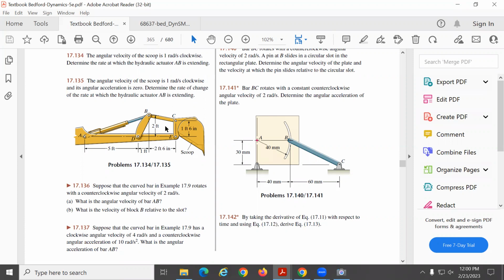So you fully define VC. Now that you know VC, you can find VB. VB will be equal to VC plus omega BC cross S of B with respect to C. There is no relative term because the distance between C and B is the same.